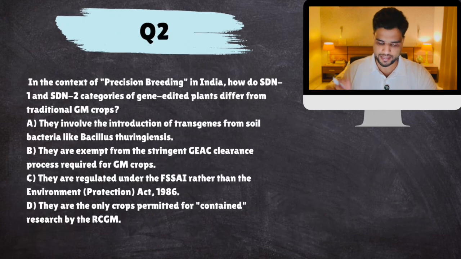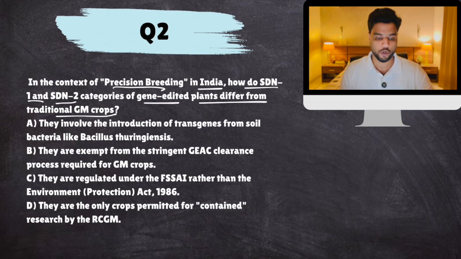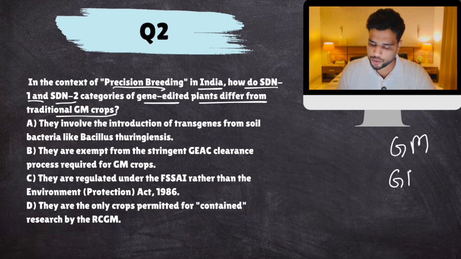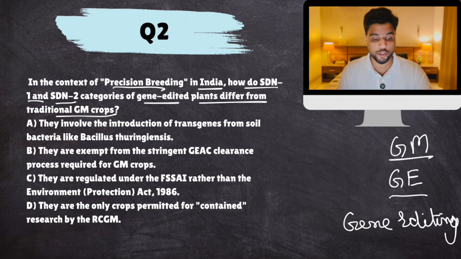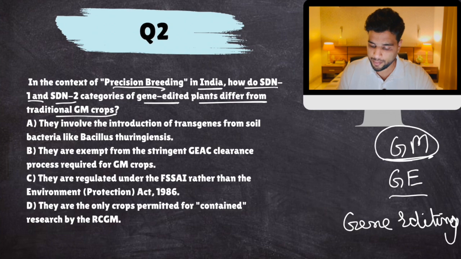Next. In context of precision breeding in India, how do SDN1, SDN2 categories of gene-edited plants differ from traditional GM crops? Now listen to me very carefully. First of all, you need to be aware of the difference between GM and GE.